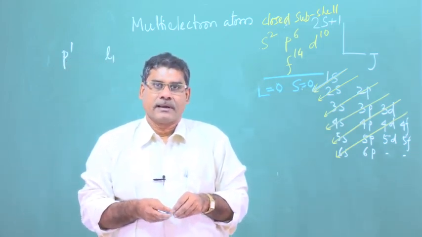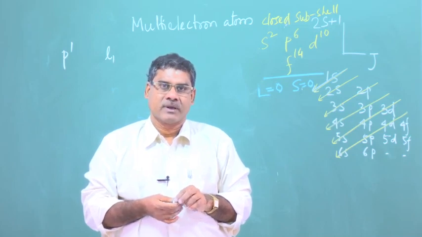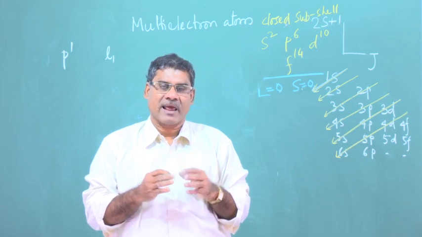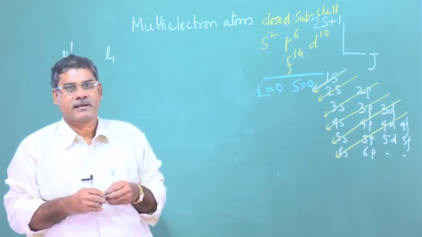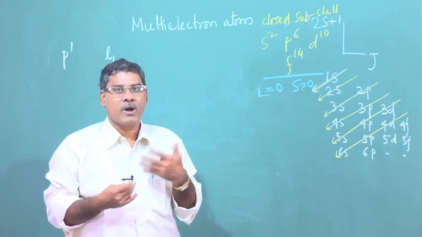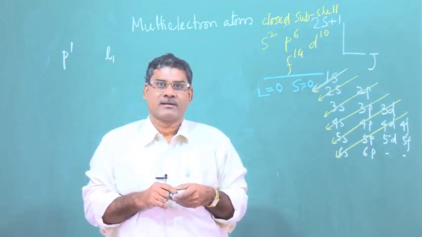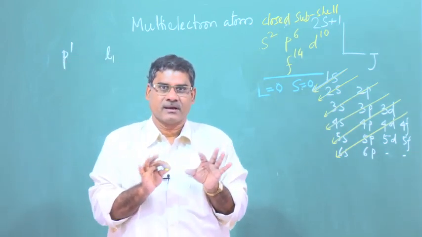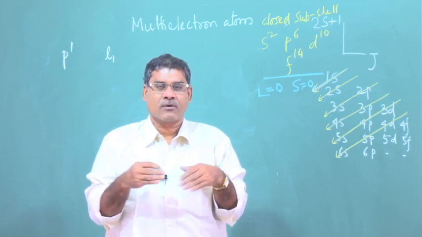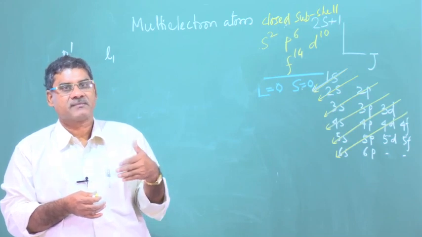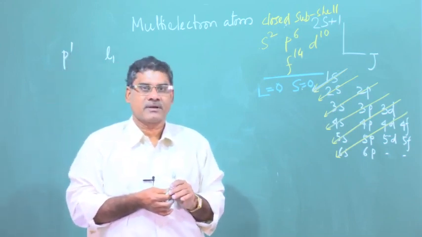So, whatever L, S and J we get is basically for the 1 electron. That is why I mentioned earlier that the spectra we see for alkali atoms are very similar to the hydrogen atom.